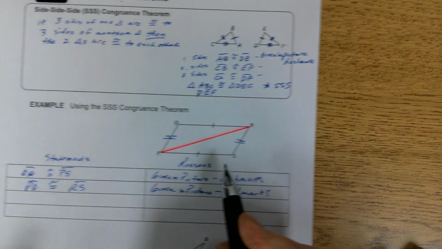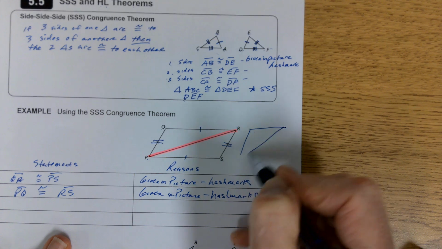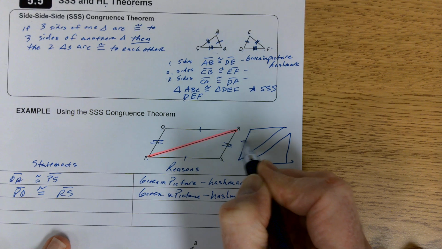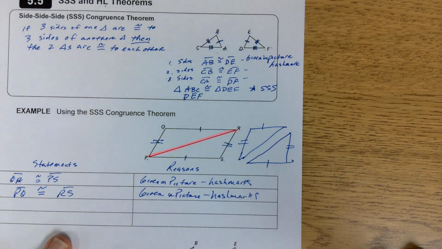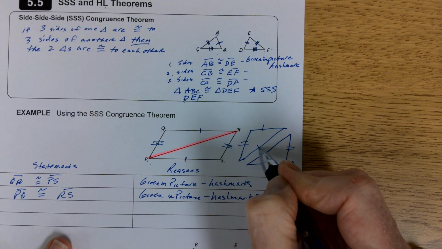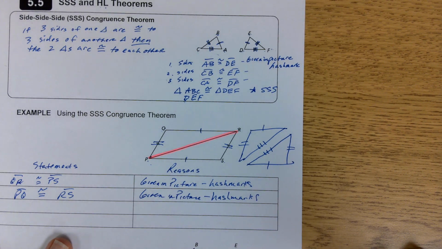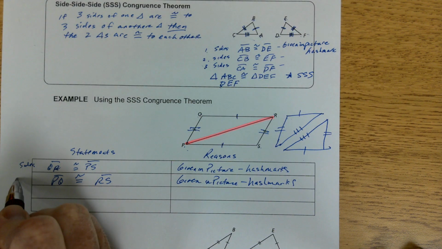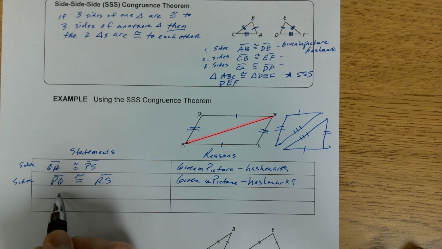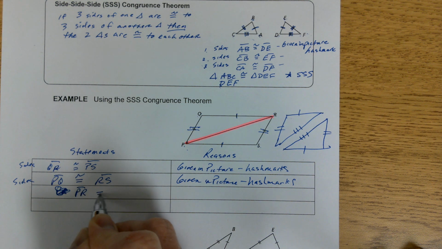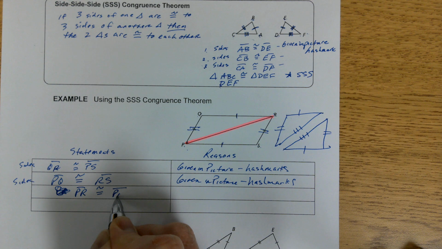If I were to split these two triangles and draw them separately, I'd have this one, and know these sides, opposite sides, but then because they share these, that means that length PR would have to be equal to length PR. It's a shared side. So for my third pair of sides, I have to have the third pair. Even if you didn't know the reason, you could write down side PR is congruent to segment PR.